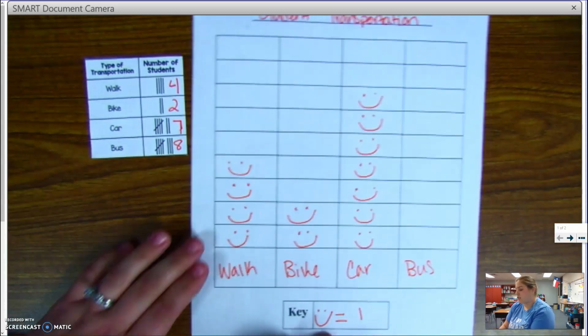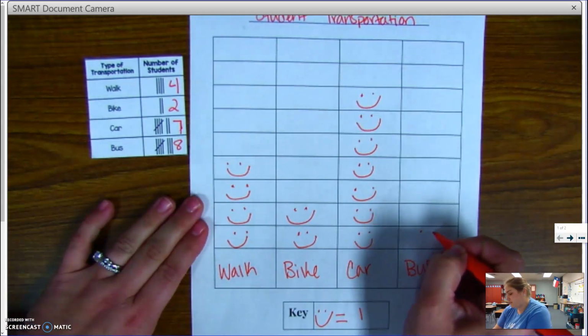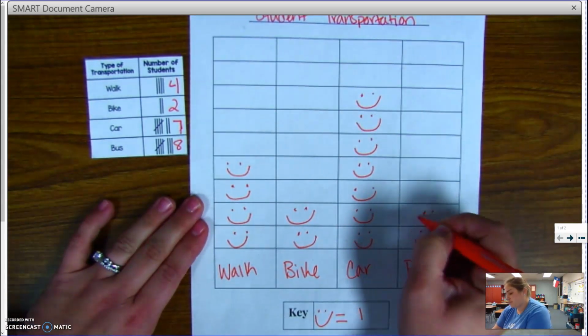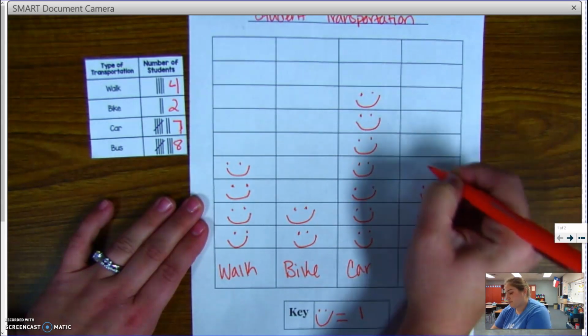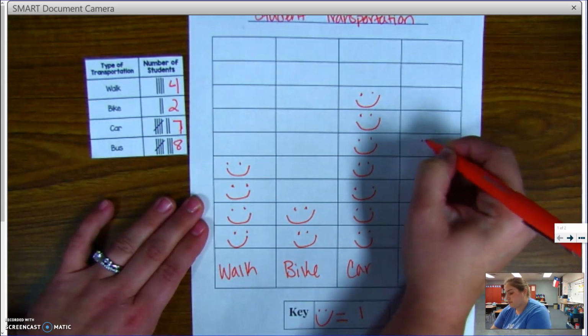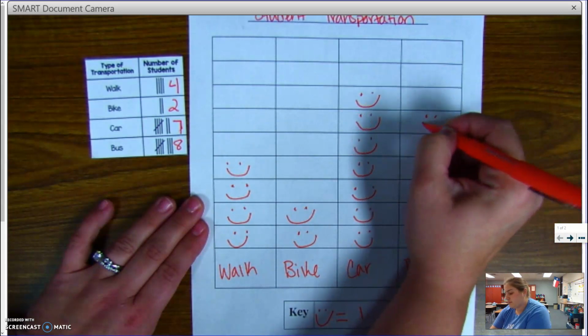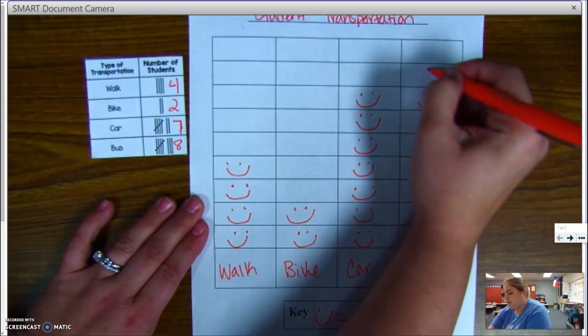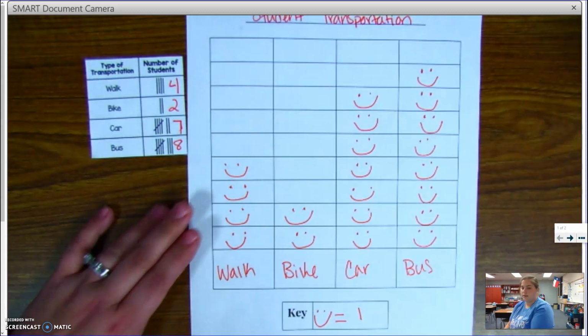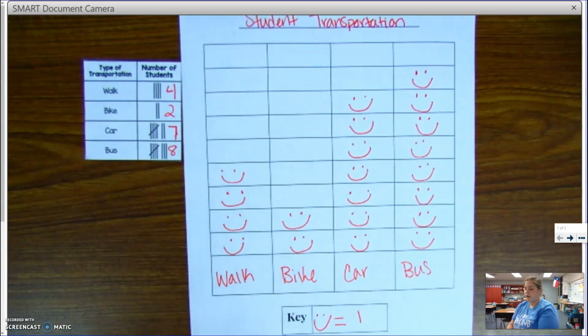Yep. And then 8 who bus. There's 7 and 8. Okay, now I have my pictograph ready to use and organize my data.